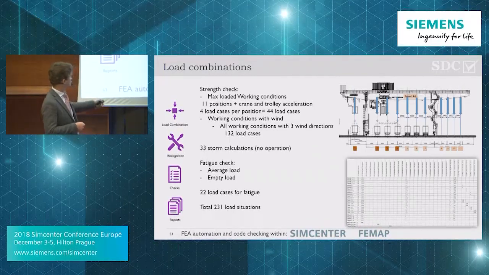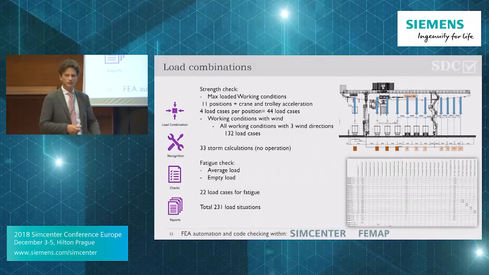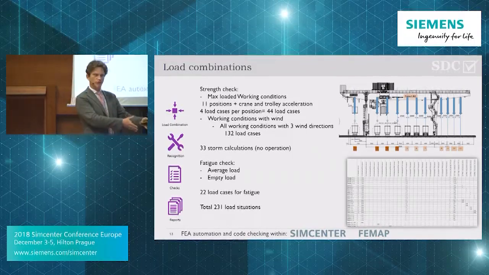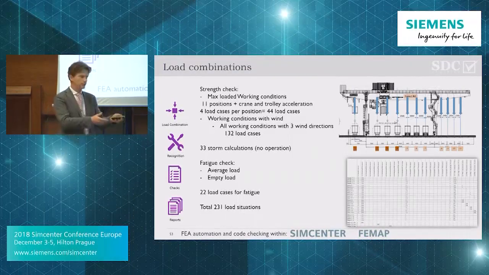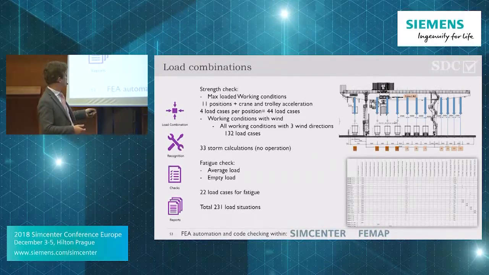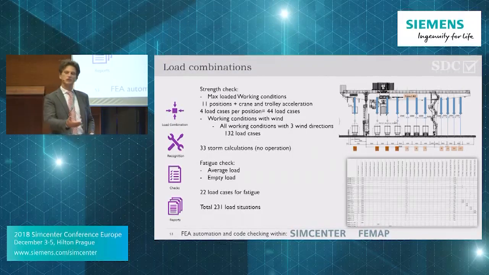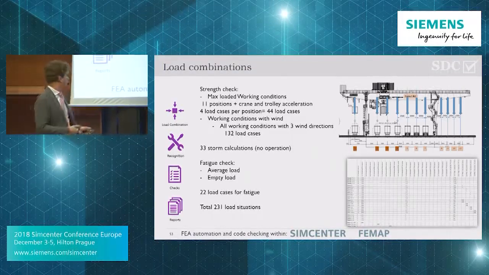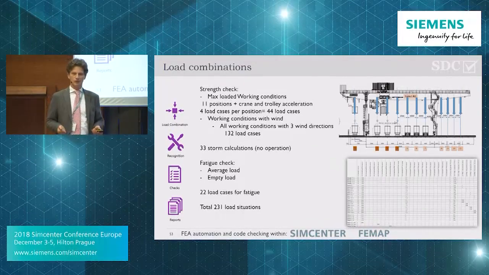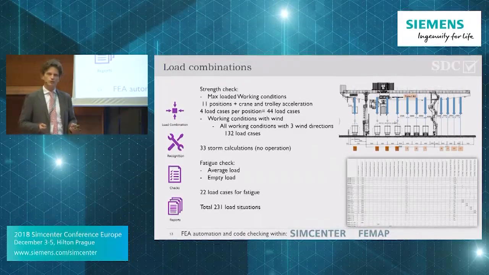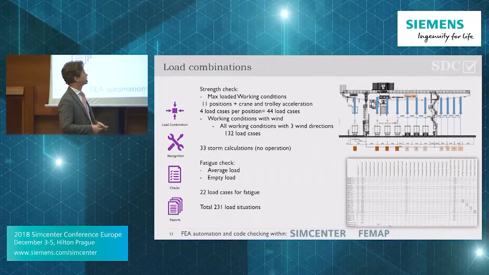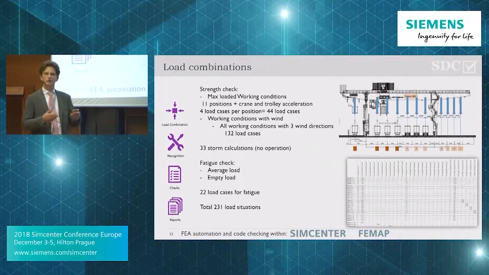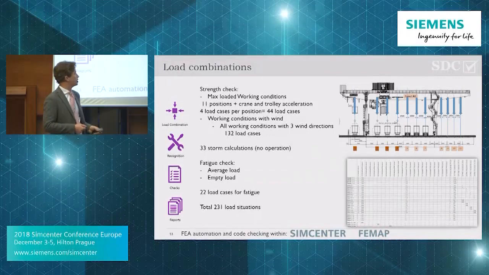And then you have the average load, and you also have the empty load, because you pick something up, you move to a certain position, and then you put it down, and you go back empty. So we have 22 load sets for fatigue, and then we already have with this simple stuff 231 load situations, which we even try to limit. This is the absolute minimum which is required.